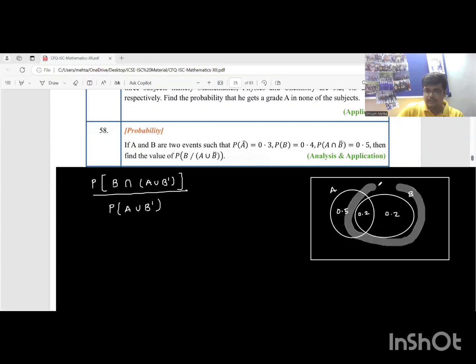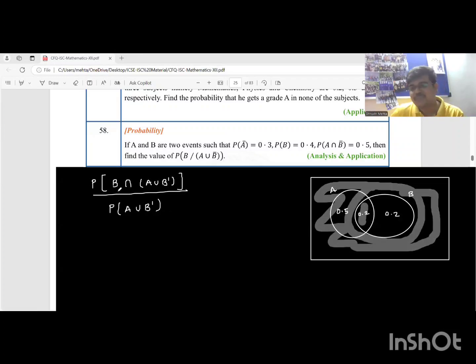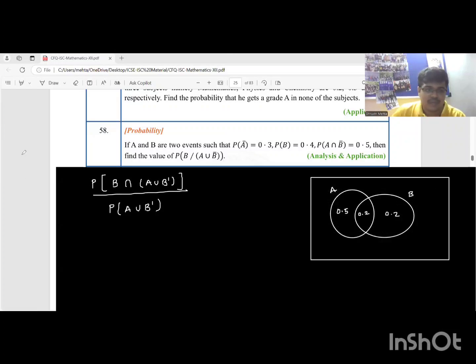Region B complement is this region. When we say union with A, students, we'll have to include the intersection as well. And now you have to see the common part with B. Do you observe, students, the common part with B, this shaded region common with B, is only the intersection, which means, students, that the numerator is 0.2.